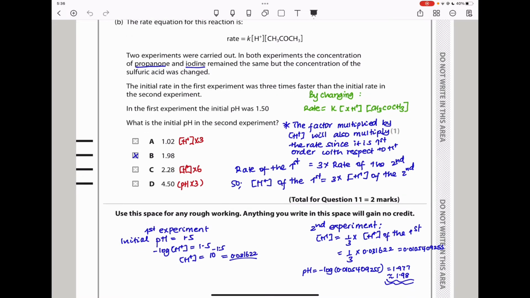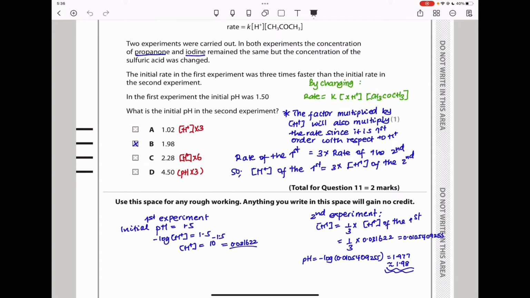So in the first experiment, when they say the initial pH is 1.5, I am going to find the concentration of hydrogen ions in the first experiment, which is 10 to the power negative pH, so the hydrogen ions will be 0.031622. After finding the hydrogen ions in the first experiment, I am going to use that information to find the hydrogen ions in the second experiment.